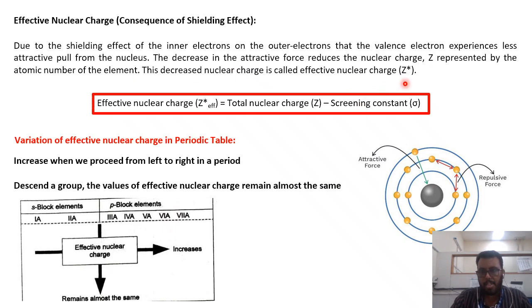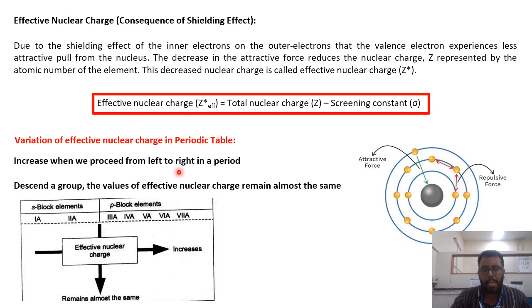It is generally denoted by Z star, where Z is the atomic number and Z star is the effective nuclear charge. It is calculated by the difference between the total nuclear charge and the screening constant. The screening constant is represented by sigma and the total nuclear charge is represented by Z. So this difference will give you the effective nuclear charge.